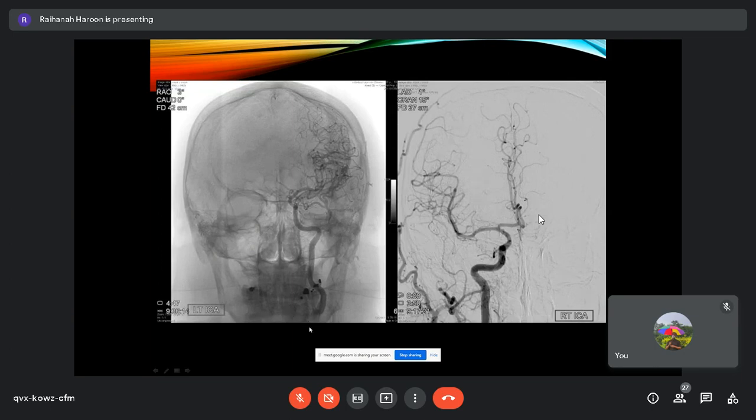What happens in an angiogram most of the time, when we want to access the artery, is we puncture the right or left femoral artery, and then we advance the catheter up the external iliac, into the abdomen, into the abdominal aorta, into the arch of the aorta.